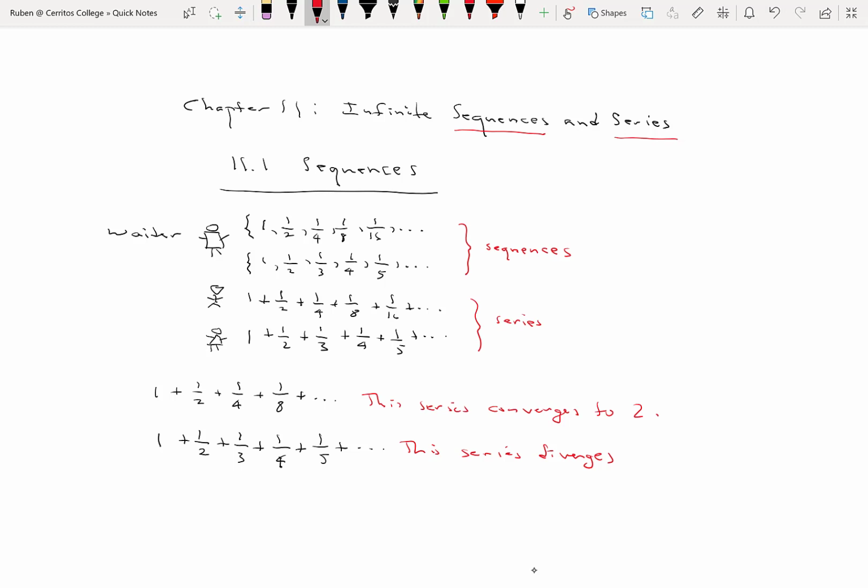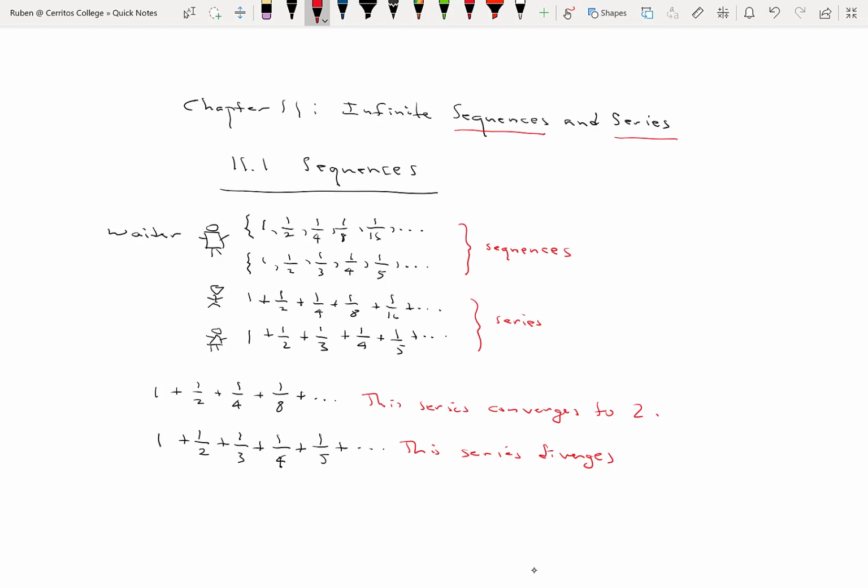It's impossible to tell just by looking at these two series, unless you have some really powerful knowledge of series, and you're going to gain that knowledge, which of the two series converges and which diverges. Even if we could tell that the first series converged, it's kind of hidden how it converges to 2.